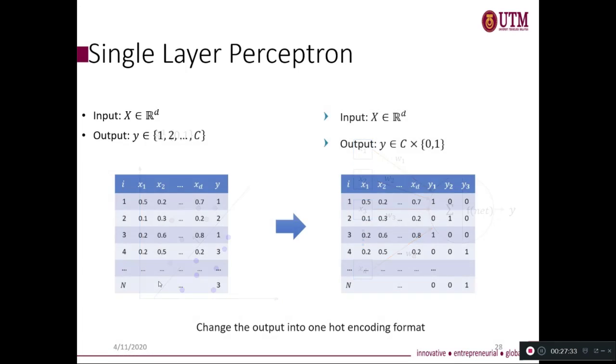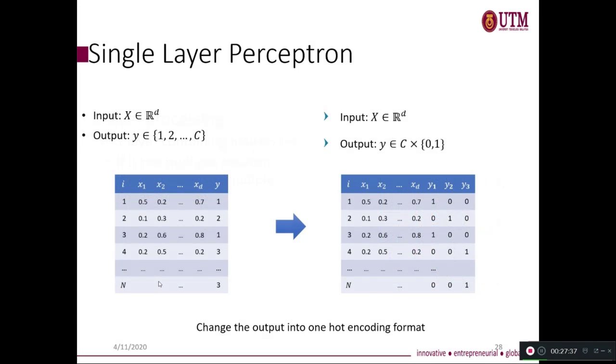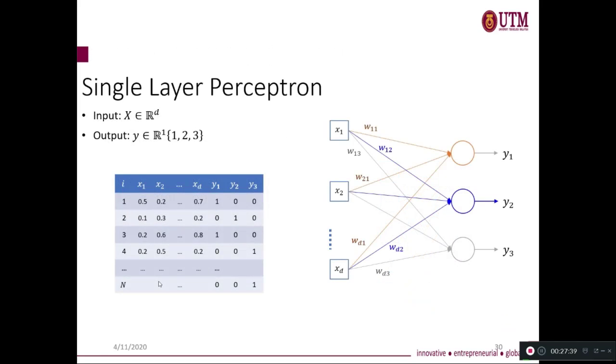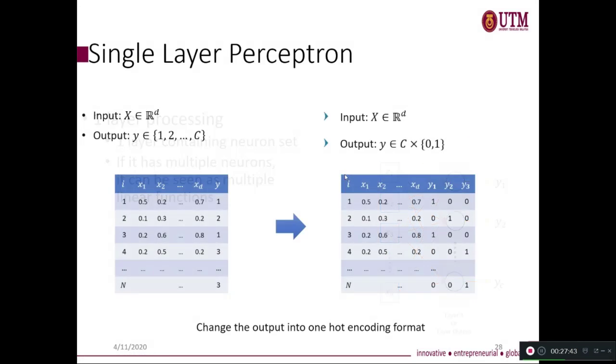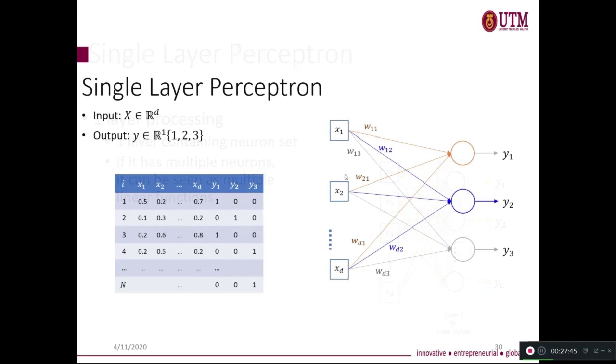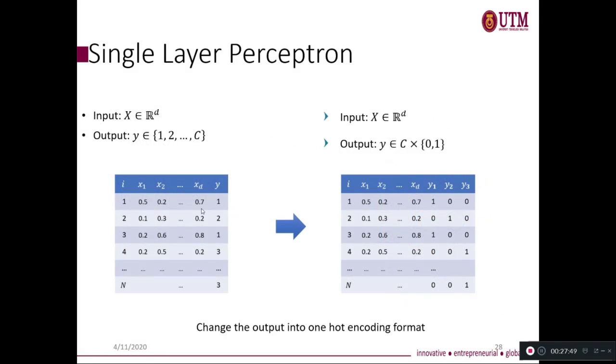If you want to solve it using a single layer perceptron, applying the same concept on a multi-class problem like this one, then it's not appropriate to have this kind of format. That's why you need to change it into one hot encoding.